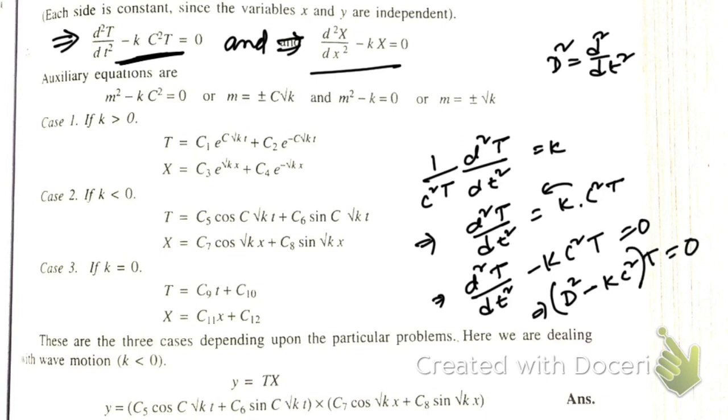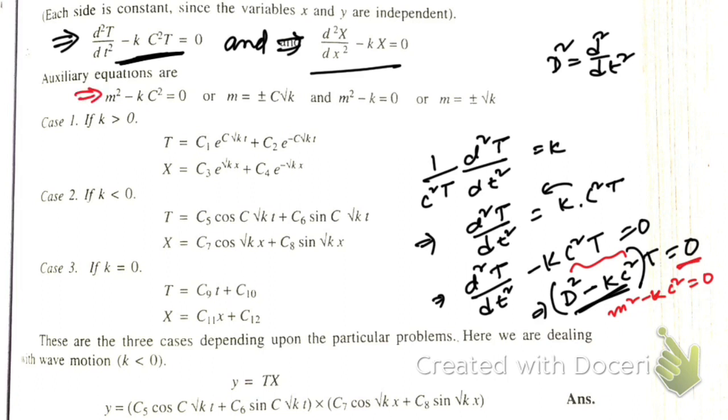is equal to 0. So from here, what is the auxiliary equation? Our auxiliary equation will be m square minus k c square is equal to 0. This part should be set equal to 0 to obtain the auxiliary equation.